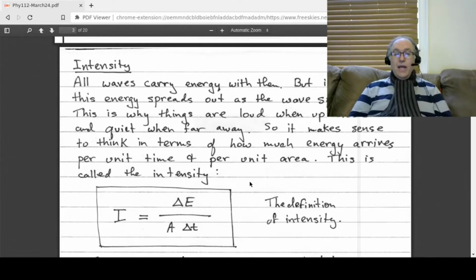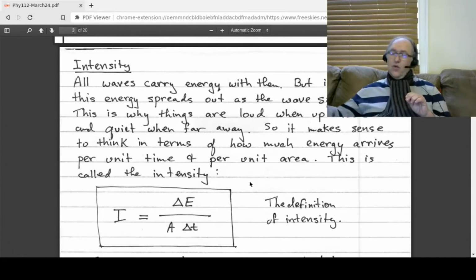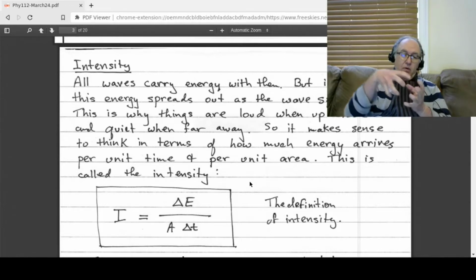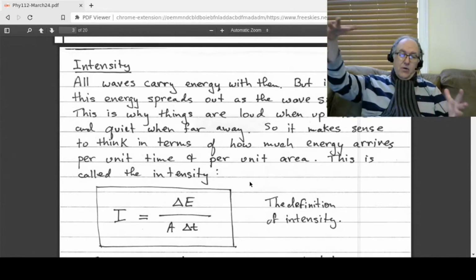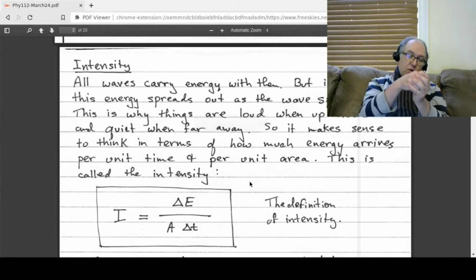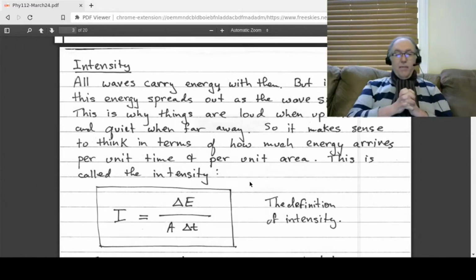In 1D, that energy really can't diffuse because the energy is constrained to travel along the one direction with the wave. But in 2D and 3D, the crests form spheres, and the spheres get bigger and bigger as the sound goes out. I've got a picture of it below. If you have an alarm and it produces a crest, the crest is first a small little sphere, and then the sphere gets bigger and bigger as the wave propagates out.